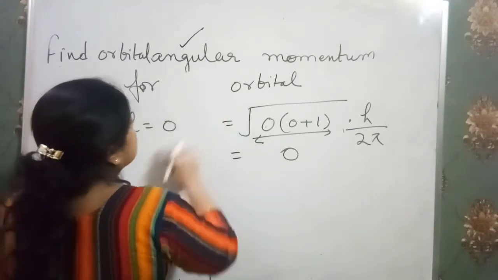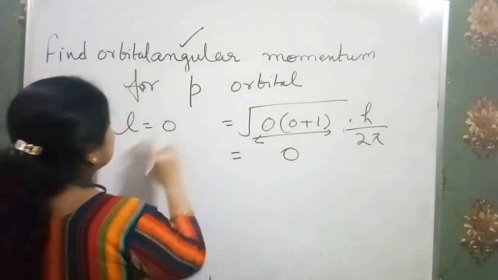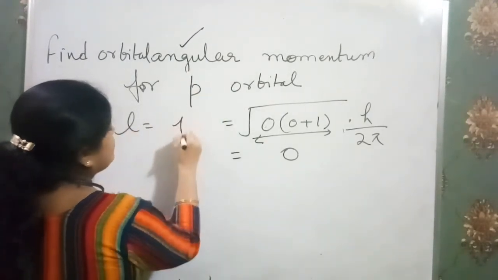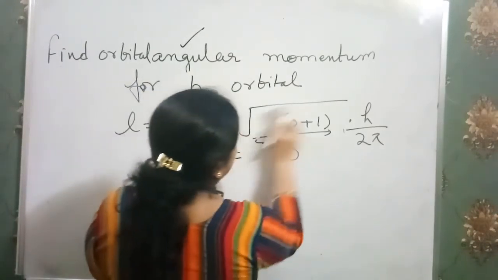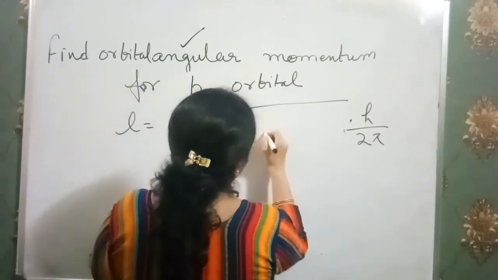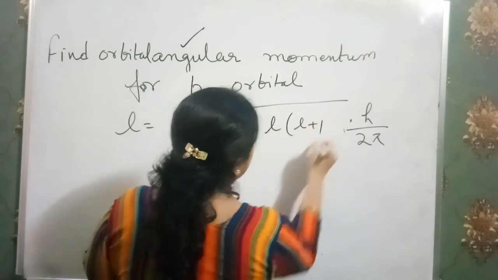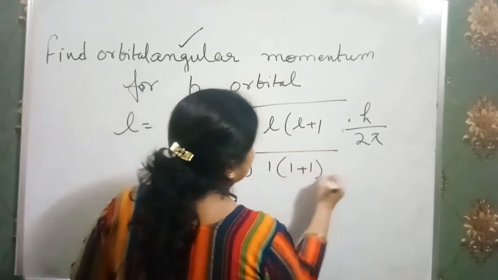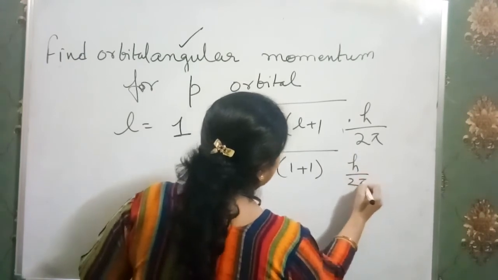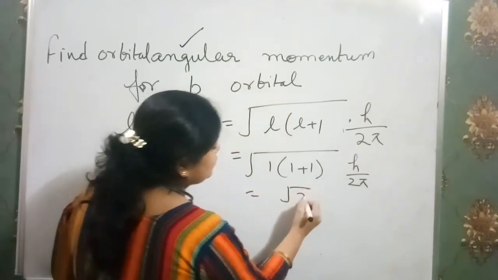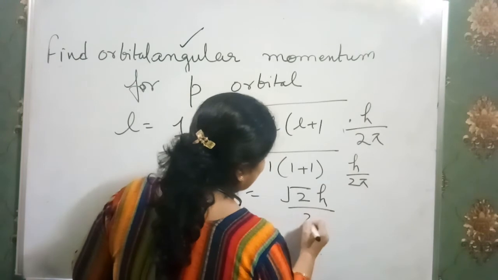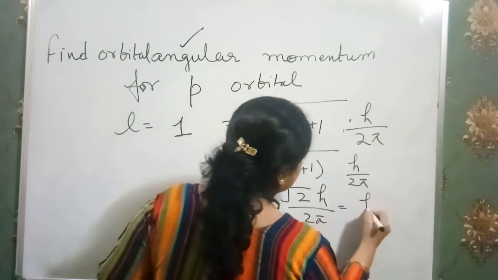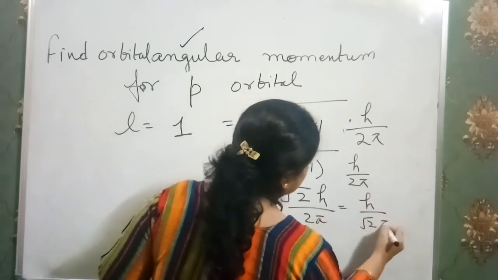Now for the p orbital, the value of L becomes 1, and in our formula we have L plus 1. So we have √(1(1+1)) h/2π, so we have √2 h/2π, or we can write h/(√2 π).